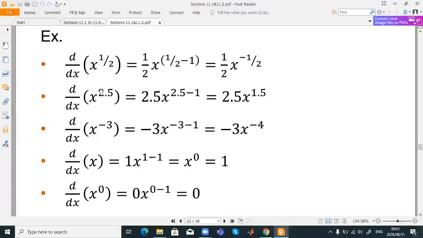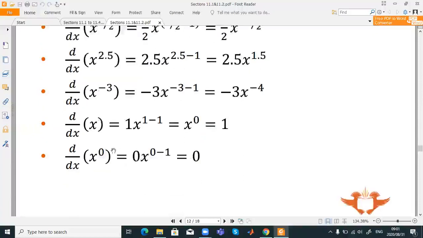Also here, this is my n, it is 2.5, so it becomes multiplied by 2.5, 2.5 minus 1, which is 1.5. Here my n is minus 3, so I'm going to drop minus 3, then raise to power minus 3 minus 1, which gives us minus 3x to the power minus 4.